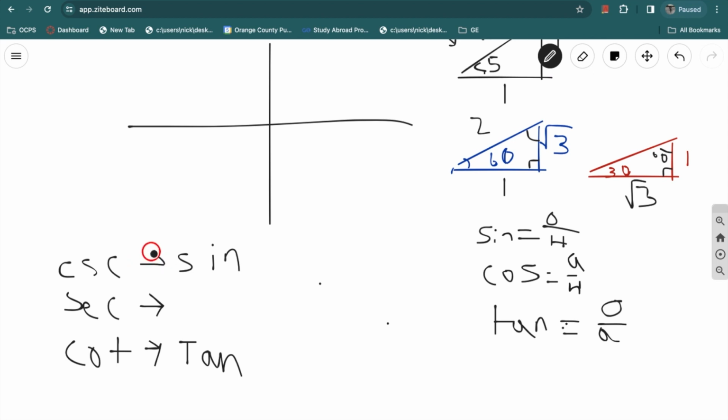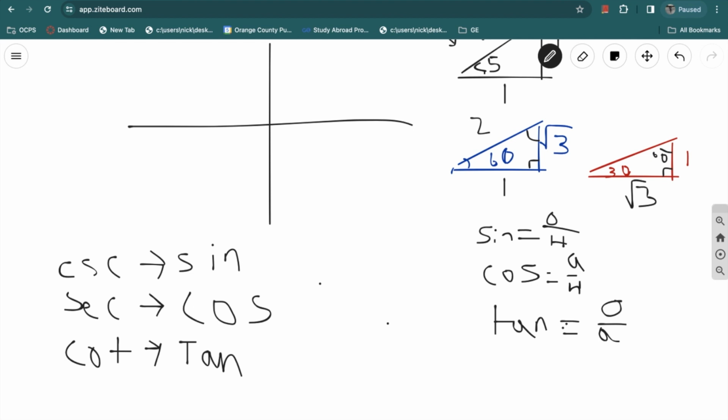So it's kind of the opposite way of where they start. Cosecant is similar to cosine, so they are not inverses, so cosecant must be the inverse of sine.